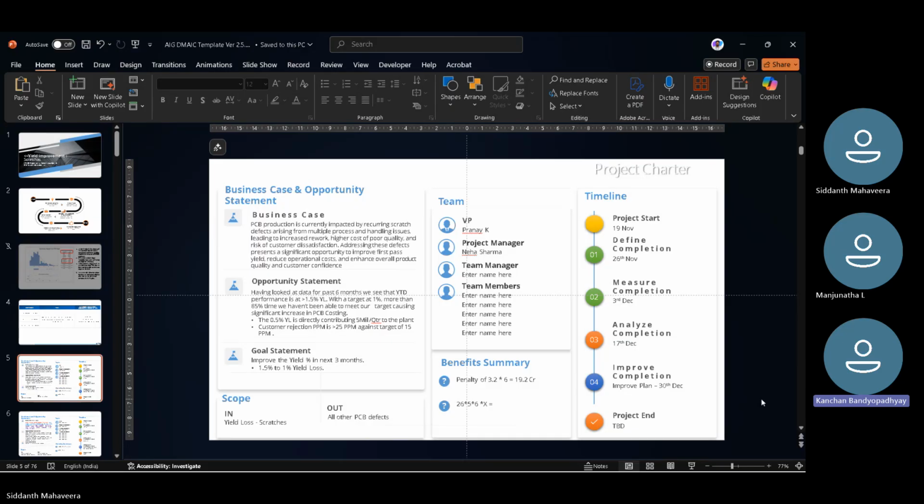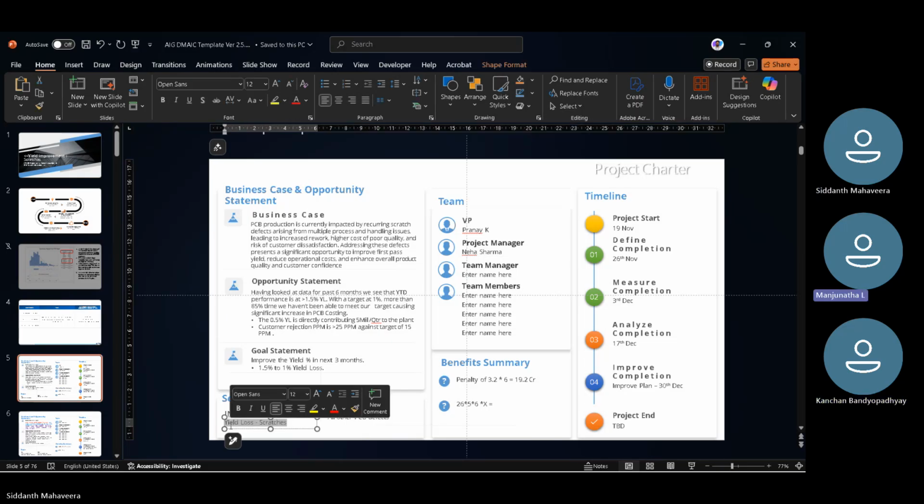So yield losses, scratches would be my in scope. But how will you consider only the yield losses? What we can do is that in scope, we can segregate the scratches into several departments which are causing the scratches. Yes, that was my thinking, department-wise.